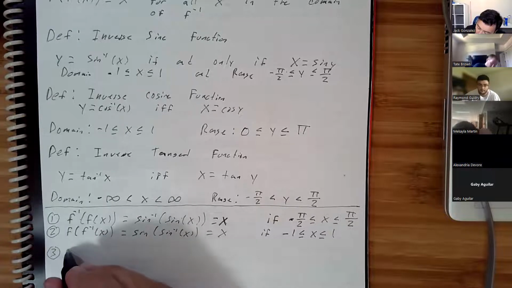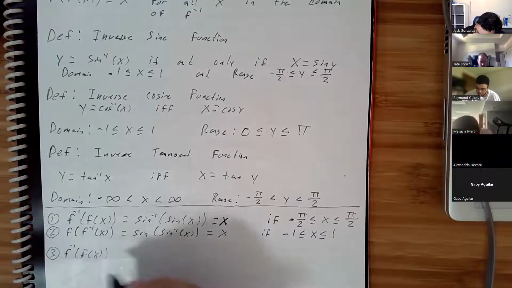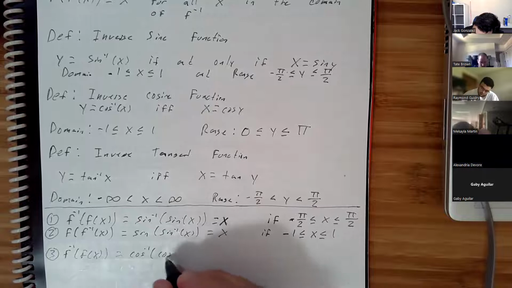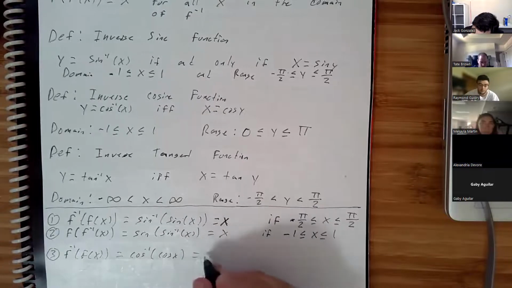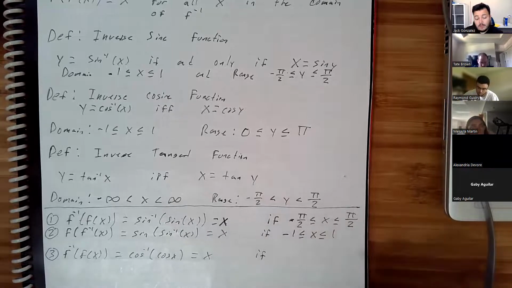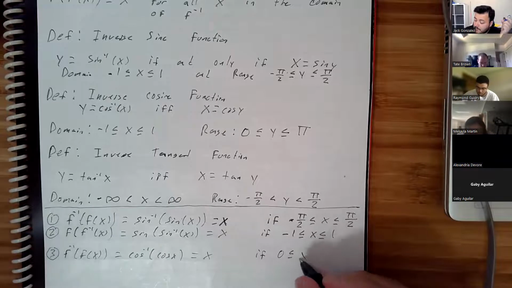Okay, now let's do cosine. So these cancel if x is within 0 to pi.